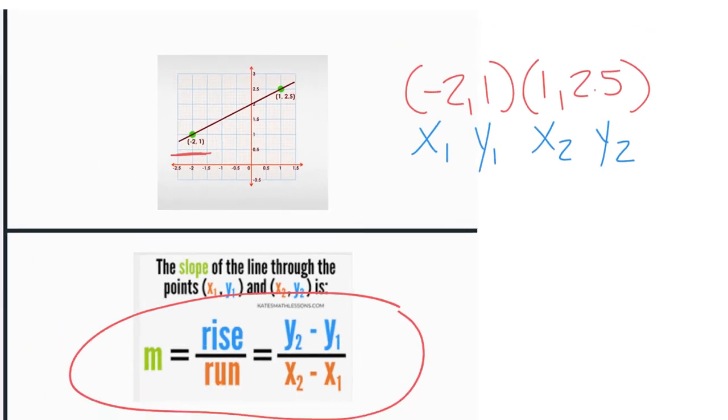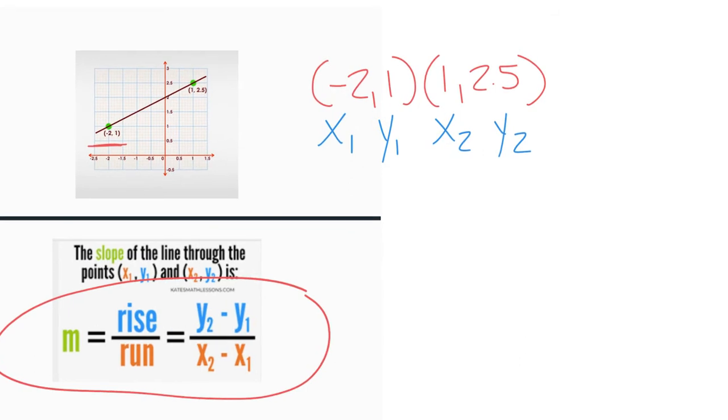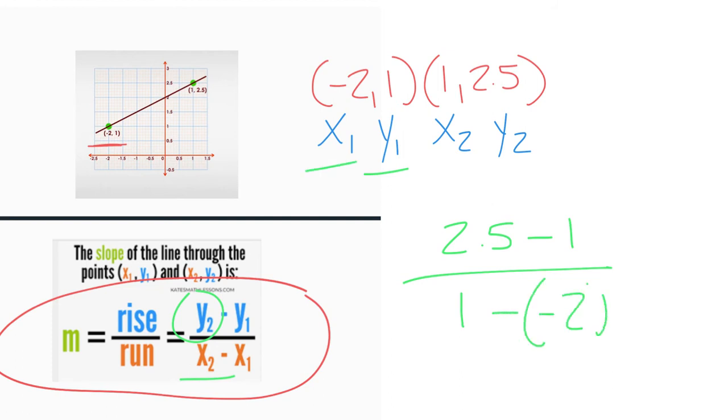I would be labeling those. If not, you might start using the same one twice, and you don't want to do that. Okay, so y2 comes first in our equation. y2 is 2.5 minus y1 is just 1, over x2, and x2 was 1, minus x1, which was a -2.